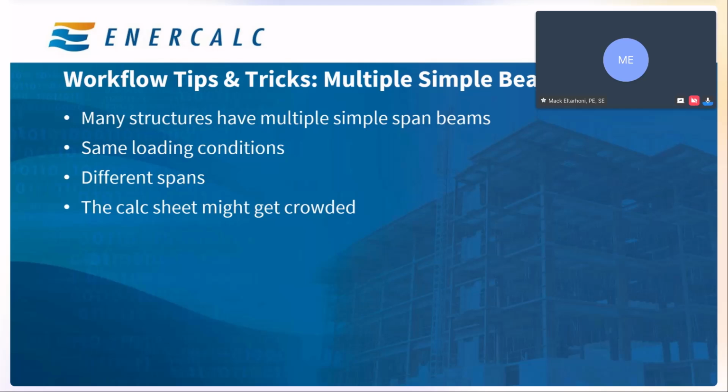They might have different spans, and the calculations might get crowded. So if you have 5, 6, 7, 8, 9 beams of the same loading, but just different spans or minor tweaks, creating a new calculation for every one of those might clutter your project manager or the landing page of the software. That's where the multiple simple beam module really shines.